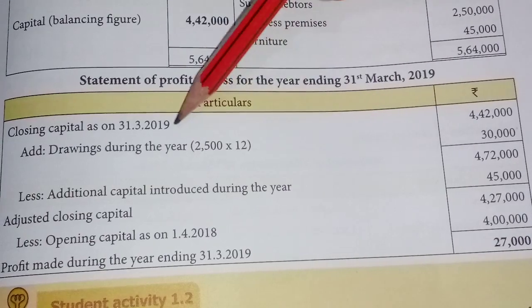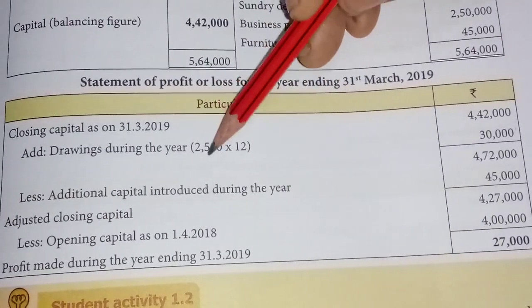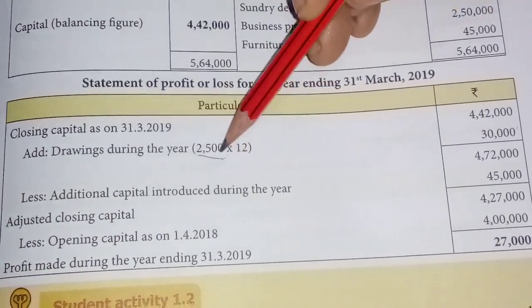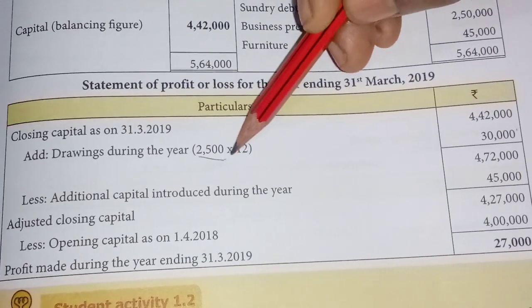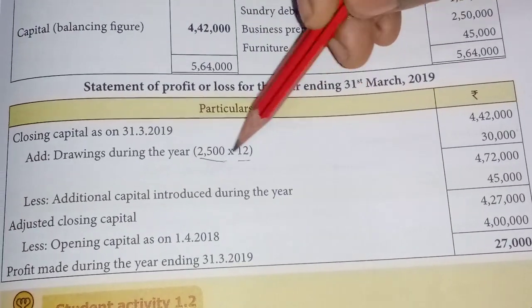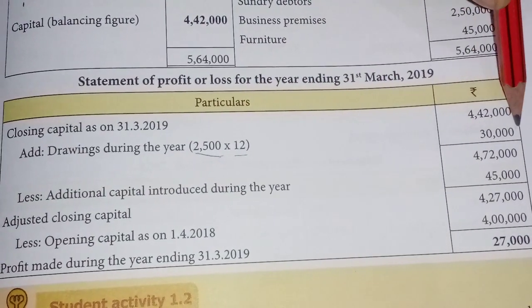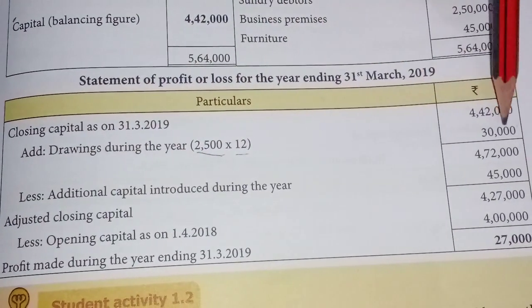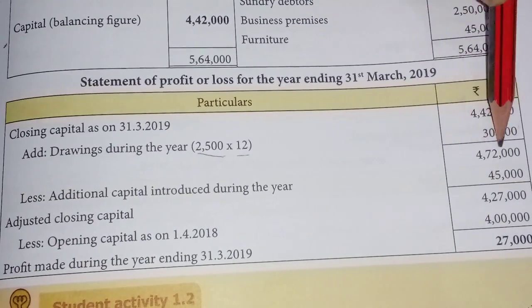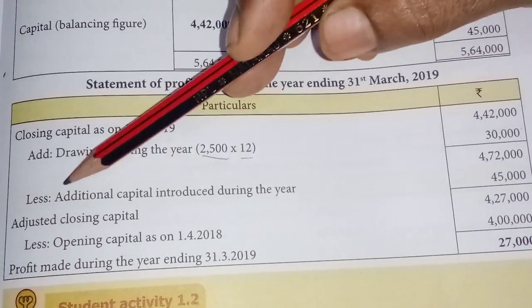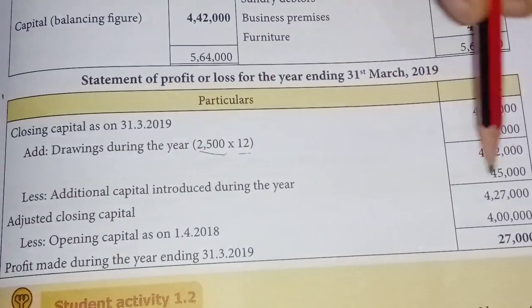In the problem they have given 2,500 only per month, so we have to calculate for 1 year. So we need to multiply 2,500 into 12. We will get 30,000. Then add this one, write the amount here 4,72,000.